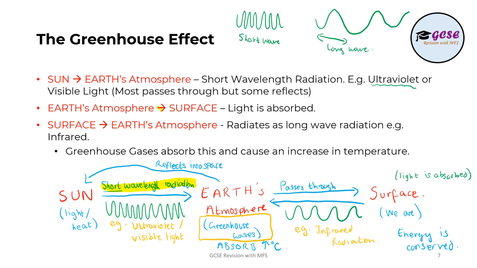On a hot day, when the sun enters, the surface radiates long wave radiation back towards space. However, the greenhouse gases in the atmosphere absorb the radiation and conserve the energy in the Earth, and that causes an increase in the temperature.